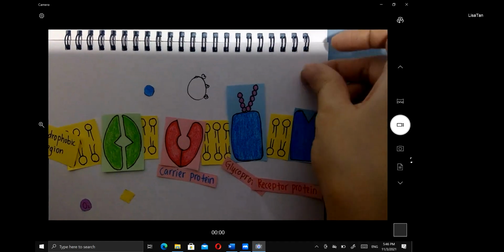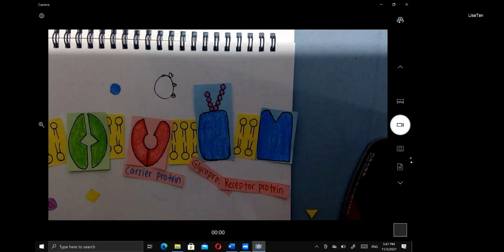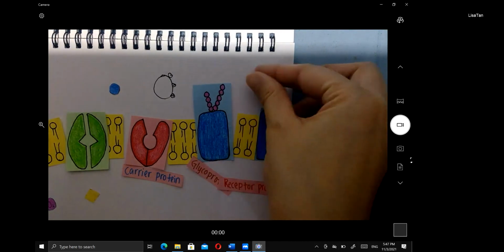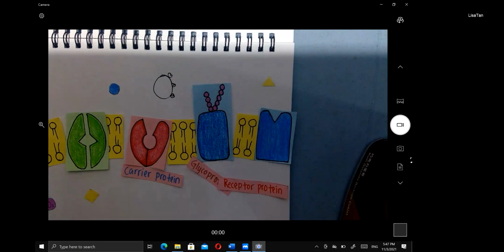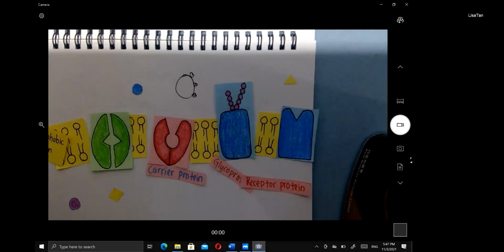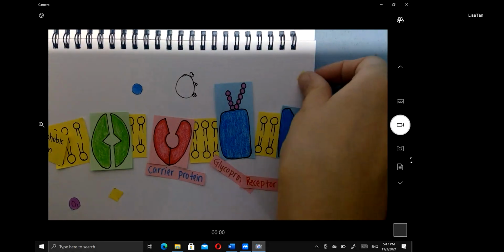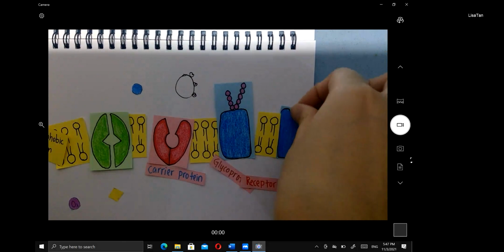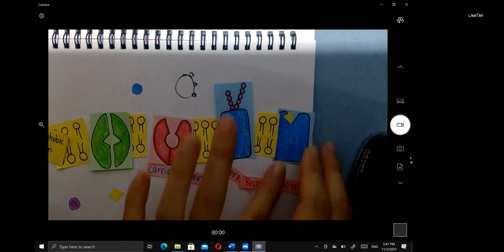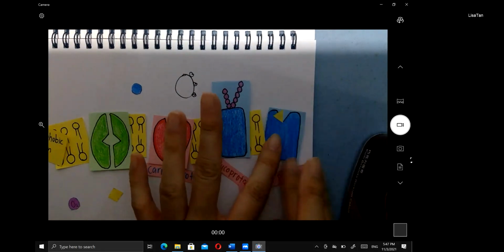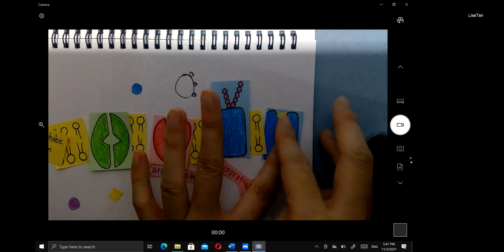So this is the insulin molecule, and this insulin molecule will bind to this specific shape of the receptor protein, here.